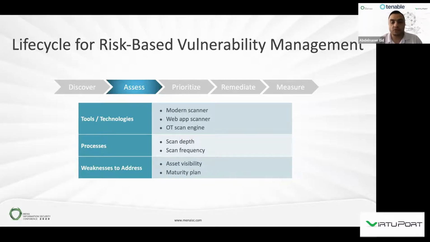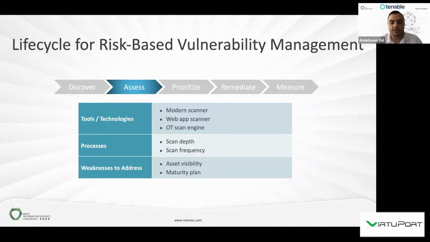So we have to choose the proper tool to do the assessment for those assets and the associated vulnerabilities. Then we have to decide in our assessment process how deep we have to go to analyze and discover the vulnerabilities, and how often we have to run those scans. These are very important points to keep in mind once we plan our assessment exercise.